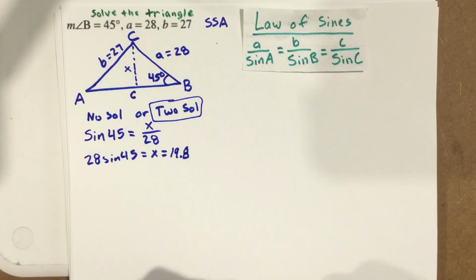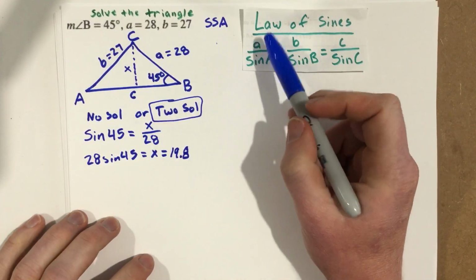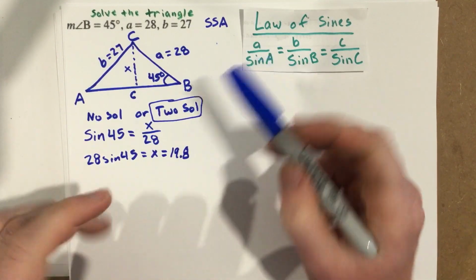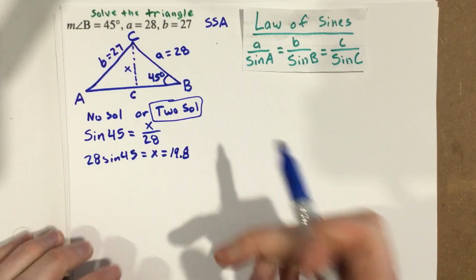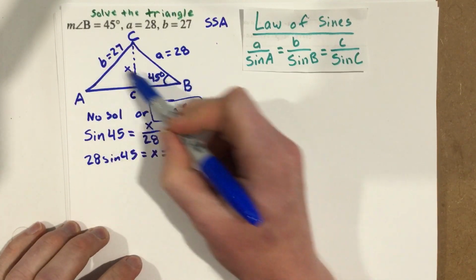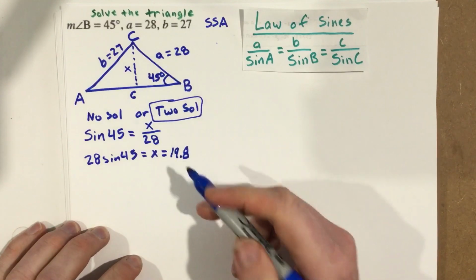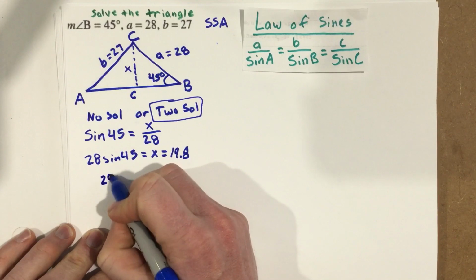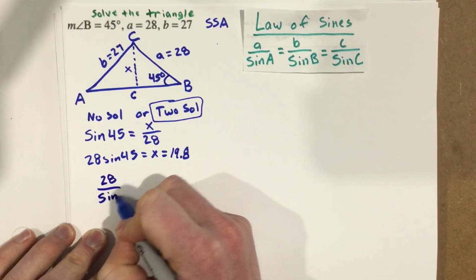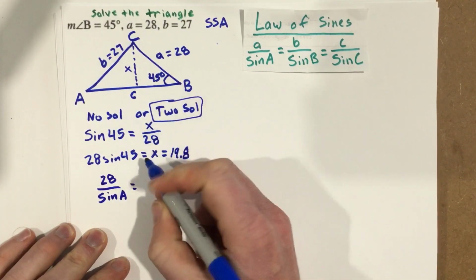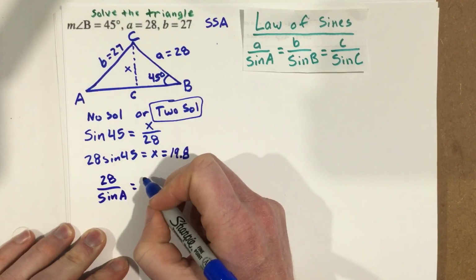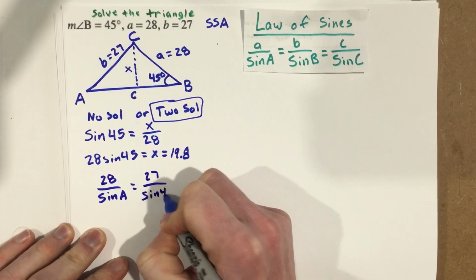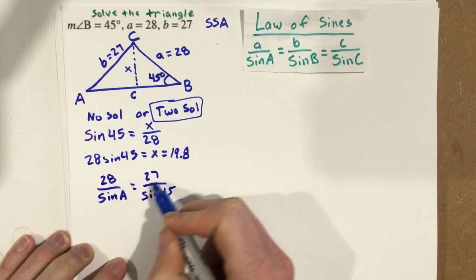Law of sines says that I can do any ratio of a side with its opposite angle and set them equal to each other. So let's find angle A, because I already know the B's. I'm going to say 28 over sine A equals 27 over sine 45. Let's cross multiply here.